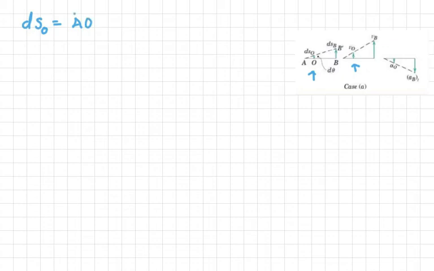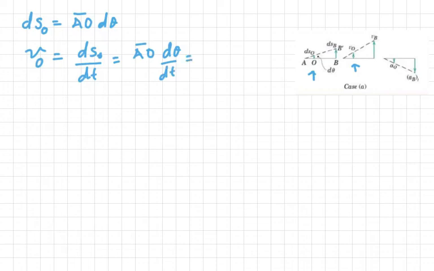So the displacement ds0 is AO d theta, through the angle d theta, and so we can easily differentiate this with respect to time to find our velocity, which will be the line AO omega, ds0 dt, which is AO d theta dt, and that gives us the velocity of the point O. And we can easily calculate the acceleration by again differentiating the velocity with respect to time.